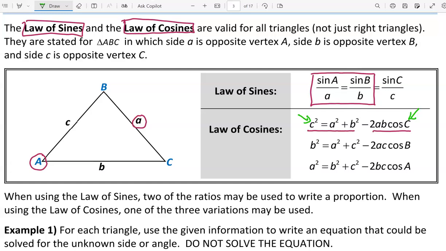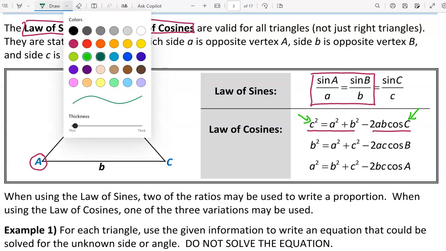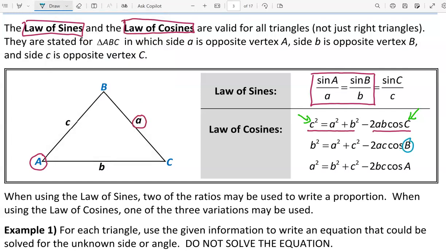There are variations on the law of cosines where we put another angle and another side on opposite sides of the equation. So we just rearrange the equation. It's valid for all permutations of that, depending upon which side you want to isolate and which angle's given.